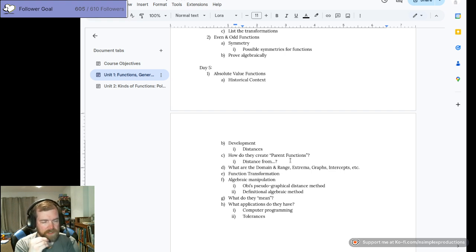Is it self-paced? And then we get the definitional algebraic method. So we specifically talk about the or nature of the absolute value function. So it means that when you have a number that is a positive value, or a distance between the two objects that is a positive value, then you just take the function itself.